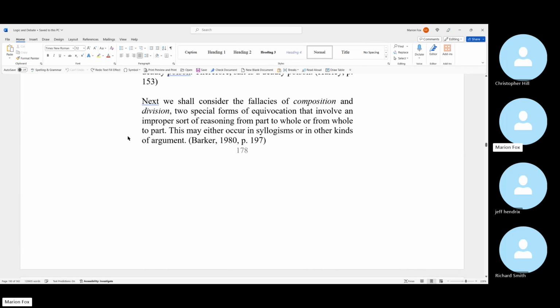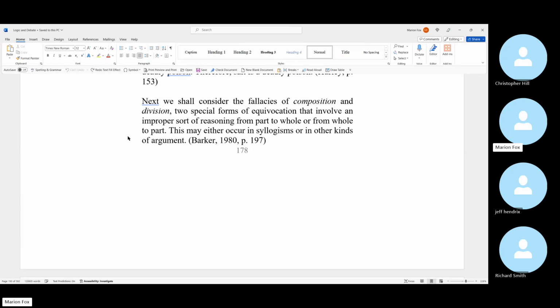And then Barker gives us another illustration. He said, next we shall consider the fallacy of composition and division, two special forms of equivocation. See, this is equivocation. You've changed the meaning of this word in the middle of the string. So when you talk about the parts being poisonous, like sodium chloride, then you can't project that to the whole.